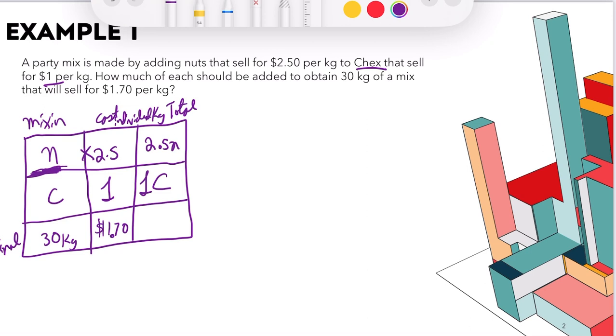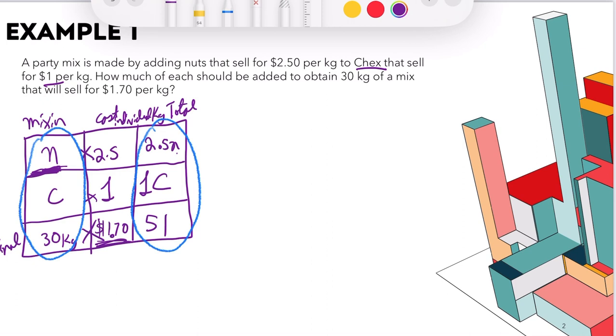So if I'm putting in $2.50 for every kilogram of nuts and it costs $1 for every kilogram of Chex, then my final cost has to be the same. And I know it costs $1.70, so I'm going to multiply across again. That gives me 51. These first 2 columns give us our equations that we can solve.